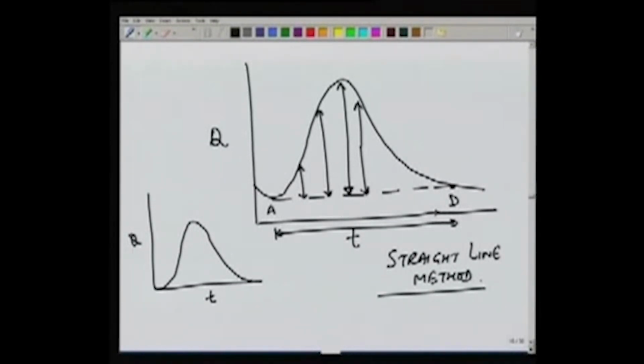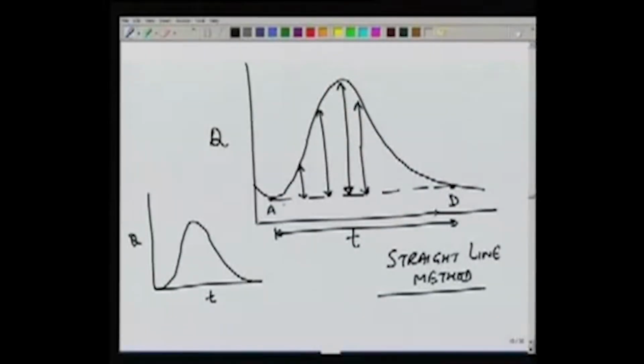But there are some drawbacks to this method. One is, some people say that the base flow does not remain constant throughout this period. Once the storm occurs, the groundwater level will also go up and the base flow should increase. So there are different methods which can be used to improve on this.